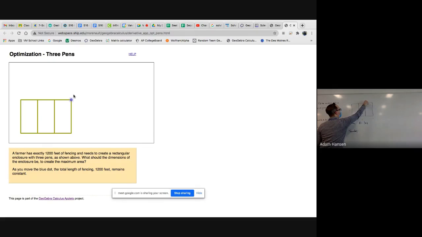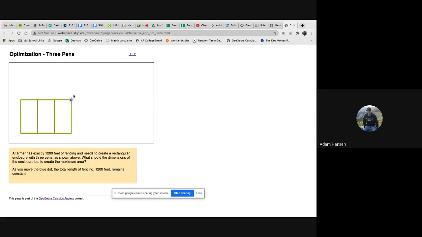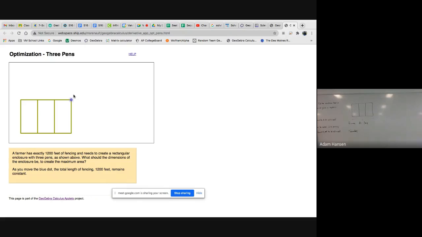This, all the different sides that subdivide them. We start with the x's. 6x.